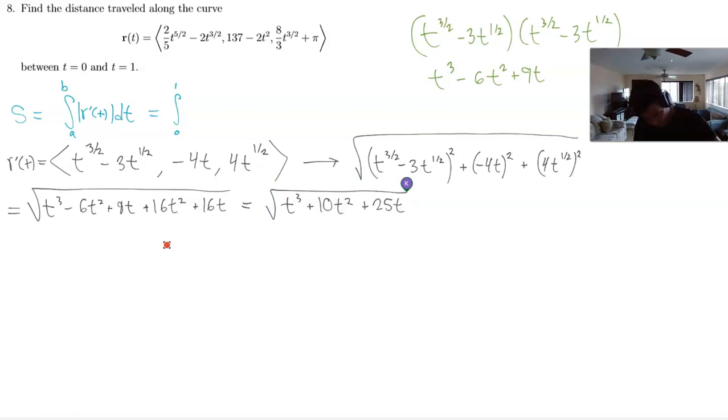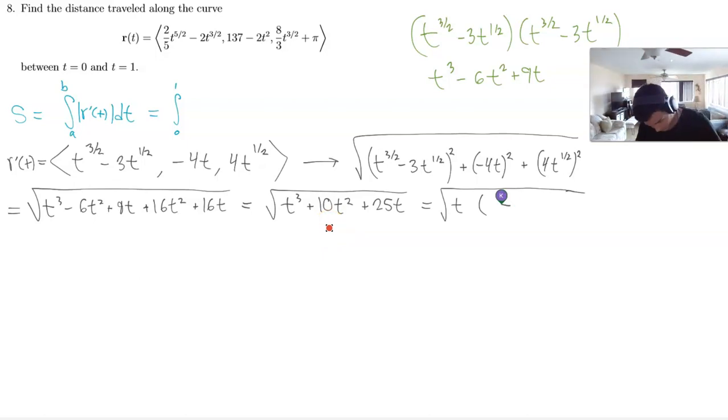As you can guess, we can factor out a t. Then we have t squared plus 10t plus 25, a quadratic. Then we want to factor it, and presumably it's t plus 5 squared. Let's check real quick.